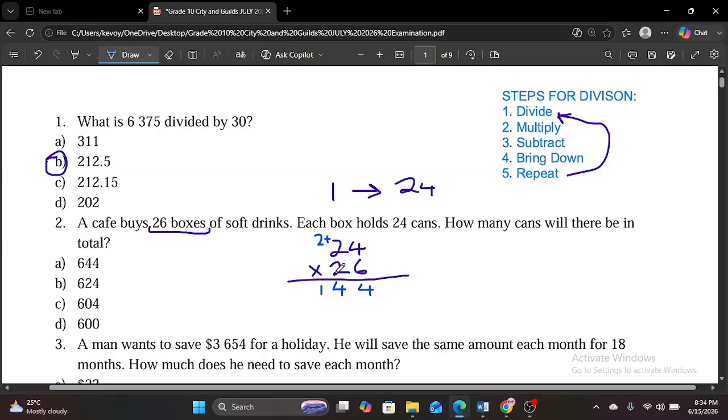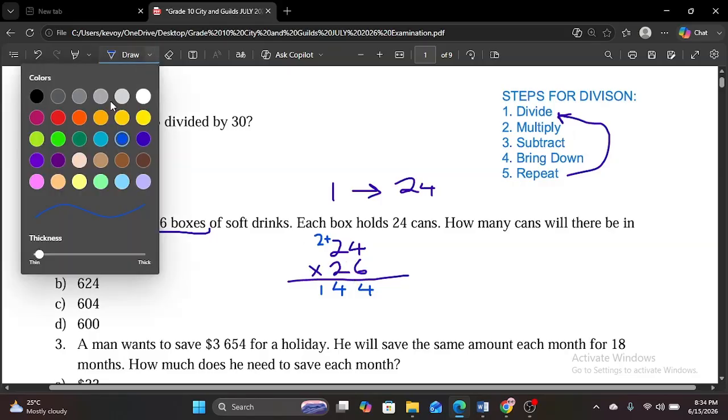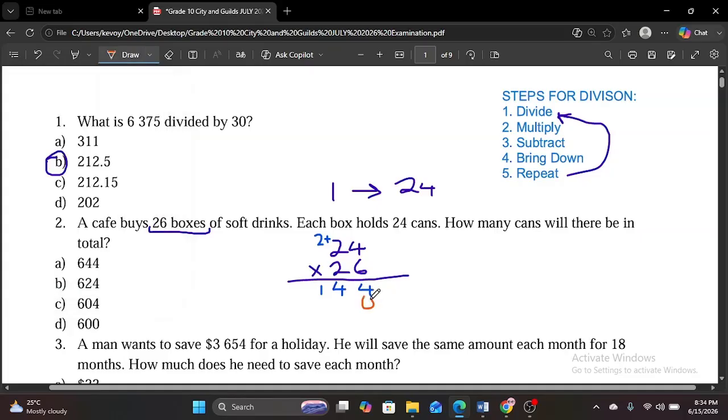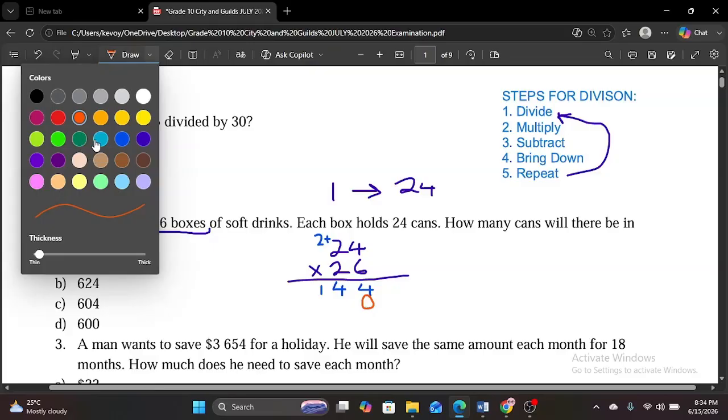All right, so then we are going to move on to the 2. So we're going to multiply by 2 afterwards. Remember, the first thing that we do is put down a placeholder. So we're going to put down a 0 right there, and then multiply by 2. So you're going to have 2 times 4, which is 8.